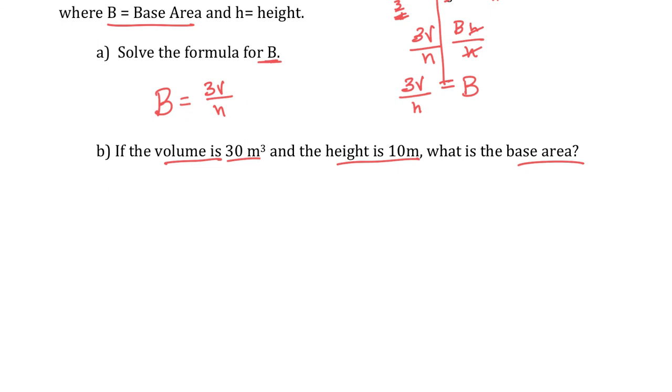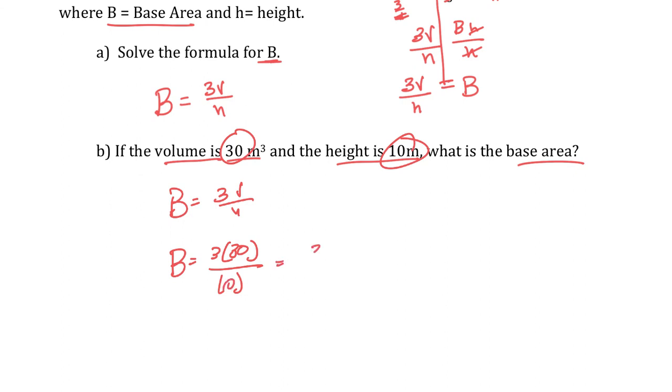B equals 3V over H. We get B equals 3, put a parentheses in for V, put a parentheses in for H. V, we're going to put 30 in there. H, we're going to put in 10. And then we get 3 times 30 divided by 10, which is 90 divided by 10, which is 9.